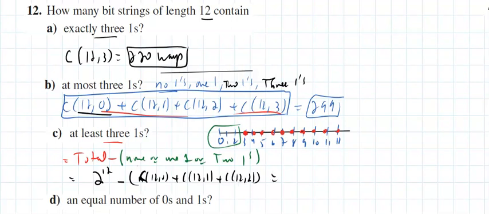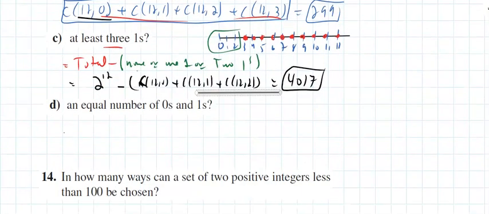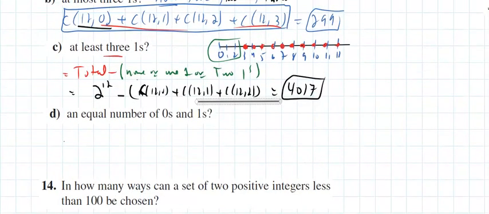Plug that in the calculator, that turns out to be 417 ways of doing that. So at least, anytime you see at least, if you list all of them, it'll be the total, and you take that, so it's like 100 minus the lowest.